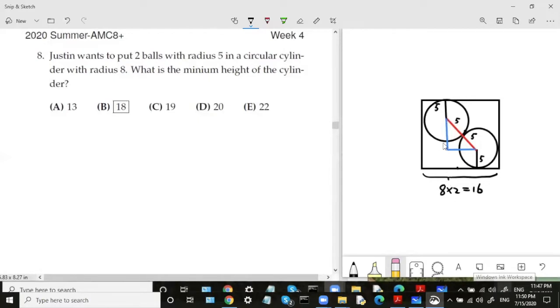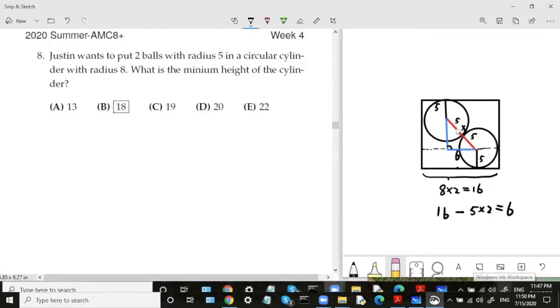So then we look at this right triangle. We have the hypotenuse, which is 5 plus 5, so 10. And then we have this leg, which is 16 minus 2 times 5. 5 times 2 is 10, so 16 minus 10 is 6.